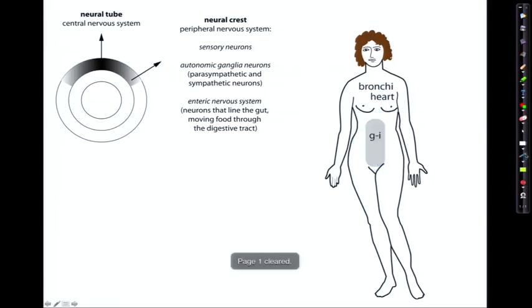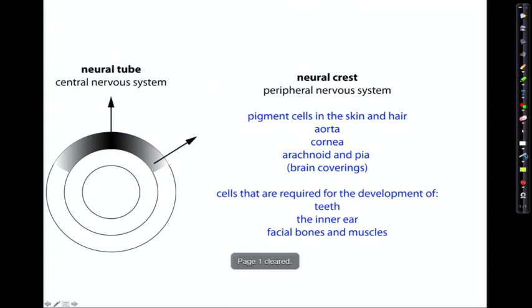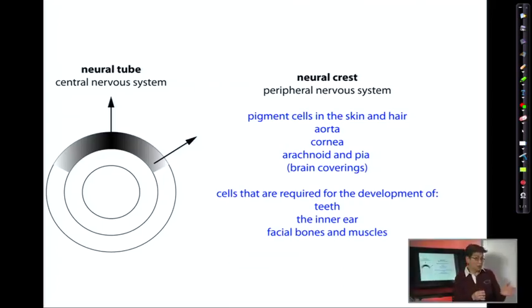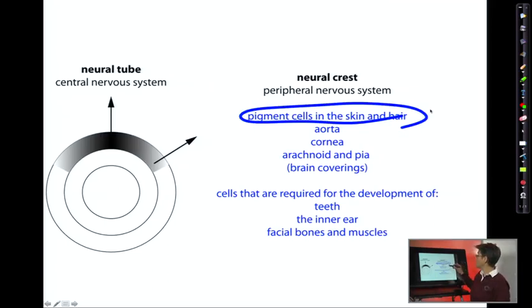Okay. So one of the amazing features about neural crest is that it's not devoted only to the nervous system. It also produces many other tissues that are non-neural. So for example, the pigment-containing cells that you have both in your skin and in your hair, these are called melanocytes. They give you coloring.